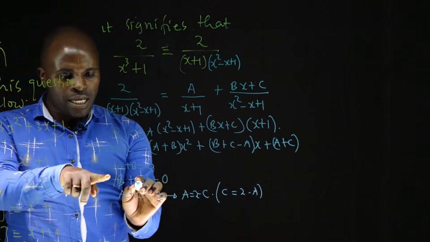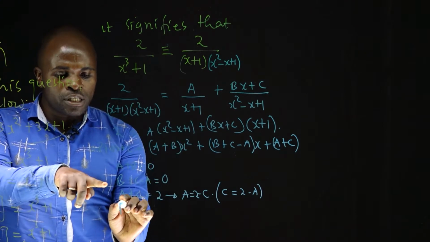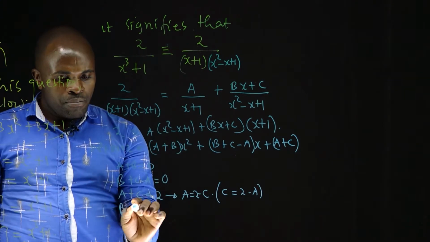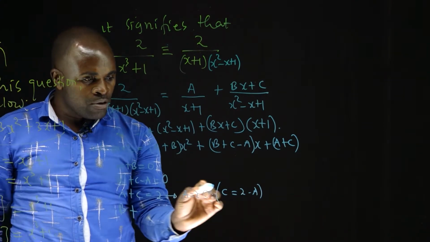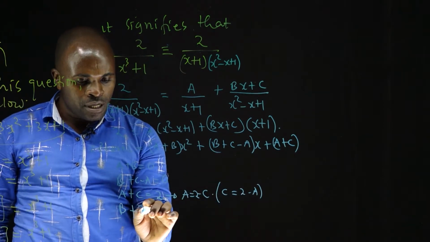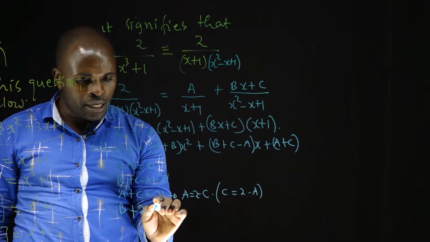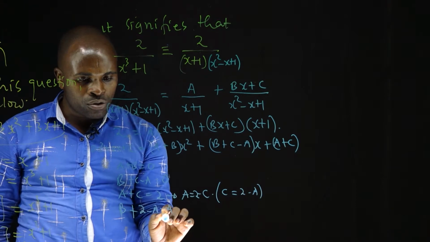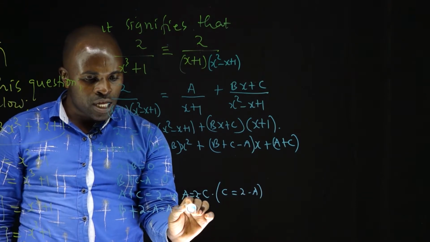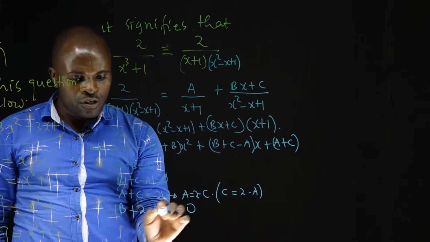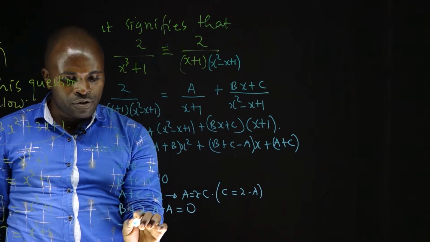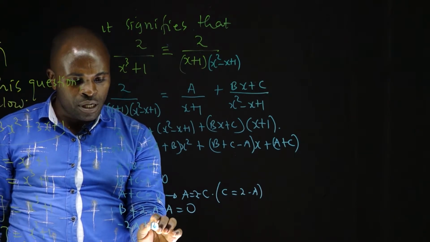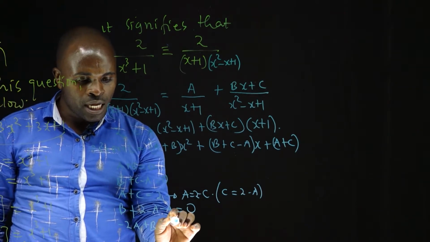Therefore, we come to the equation b plus c minus a equals 0. In the place of c, we replace it by 2 minus a, with minus a also here, and equal to 0. Arranging this mathematically gives negative 2a plus b equals negative 2.